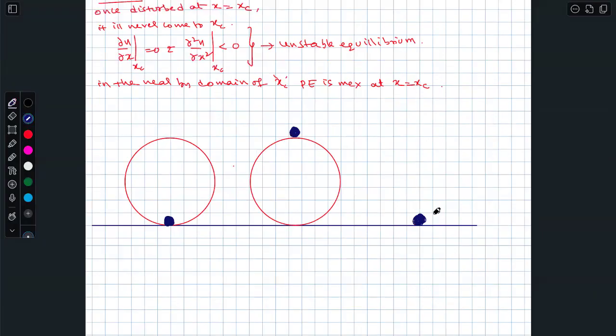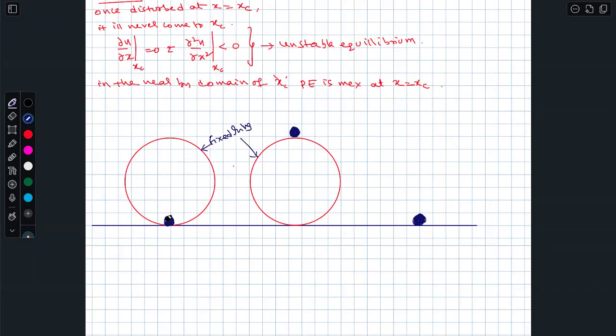Are you convinced? Three different positions. A ring is fixed. In all the cases, this is a fixed ring. I'm just asking you, slightly disturb this. What happens? You'll come back to the lowest position.